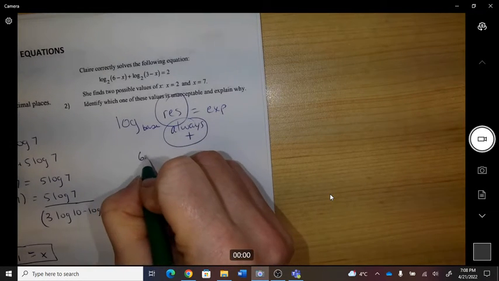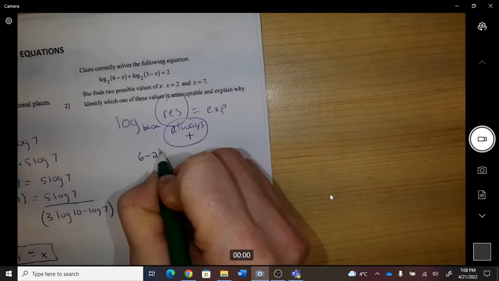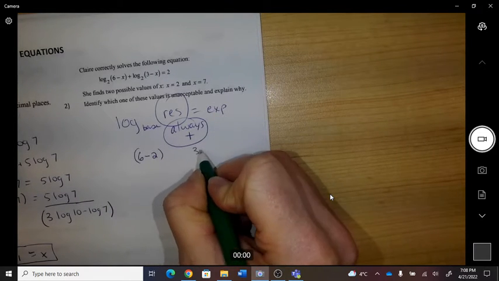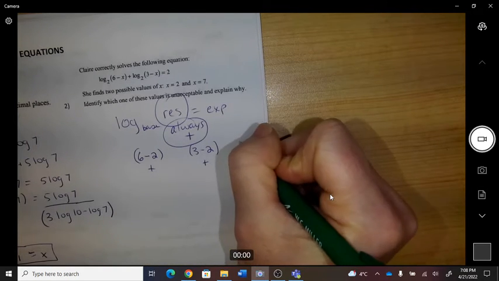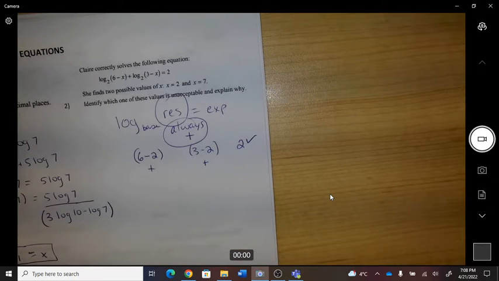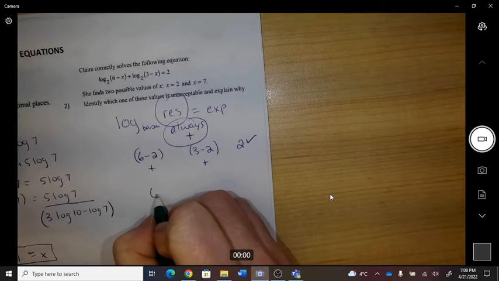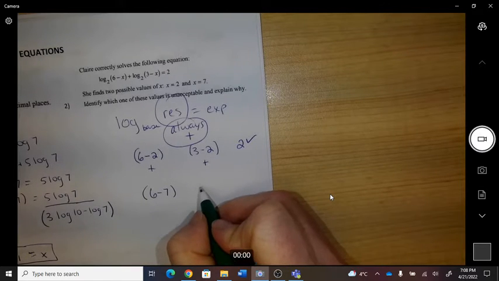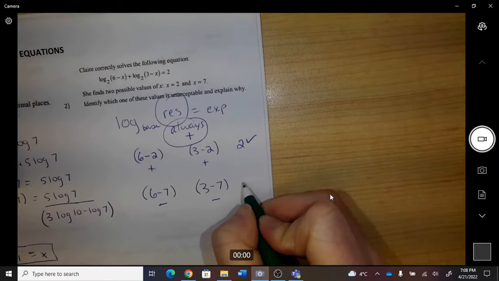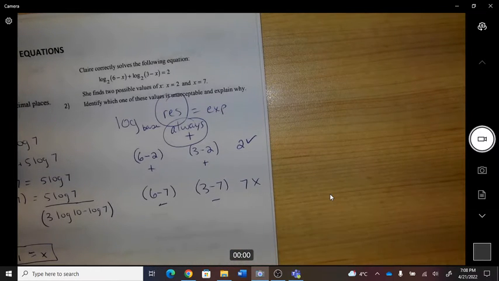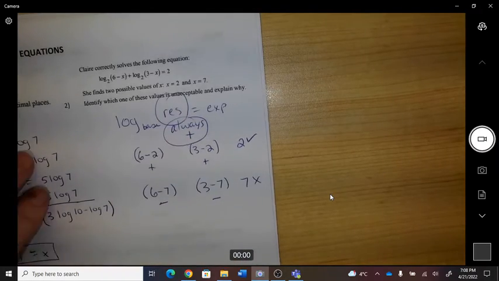So 6 minus 2 as a result, and 3 minus 2, that's positive, that's positive. So 2 would work. If I had a result 6 minus 7 or 3 minus 7, ooh, that's negative, so 7 would not work. Okay, and that's the explanation why the result always has to be positive.